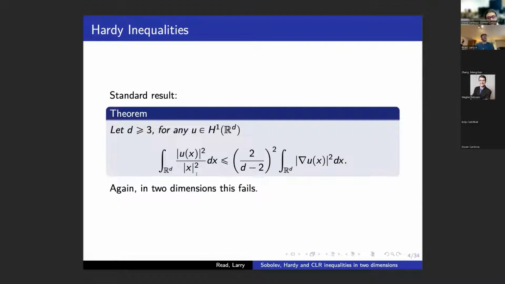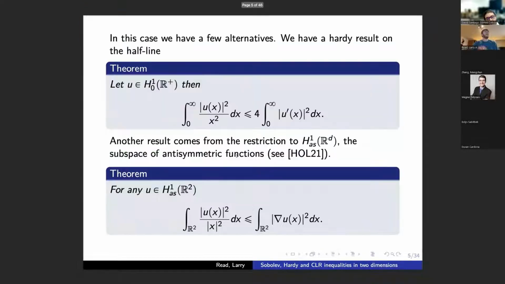In dimensions greater than or equal to 3, the standard Hardy inequality says that you have a bound of the L^2 norm of the gradient from below by this Hardy integral here. And you can see this constant is sharp, and the result fails in dimension equals 2. So in this case, we have quite a few different alternatives.